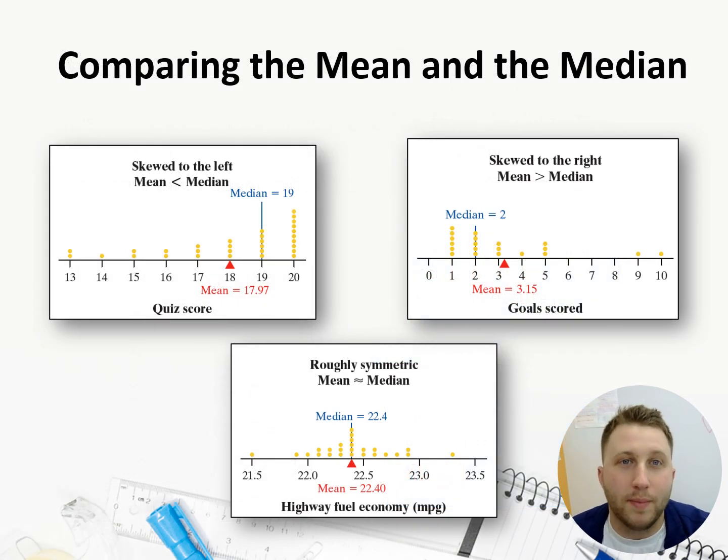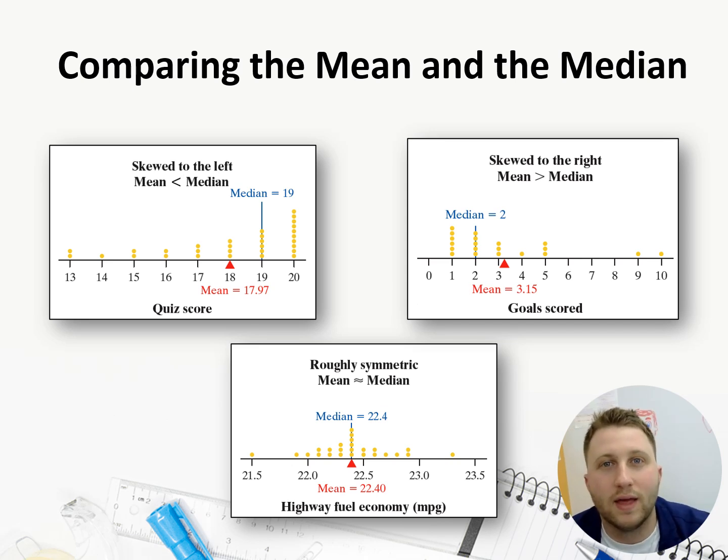When we talk about the mean versus the median, one of the things that we need to remember is there's a relationship between where the mean and median lie and the shape of a distribution. So in a skewed left distribution or skewed right distribution, the mean is pulled towards the tail.